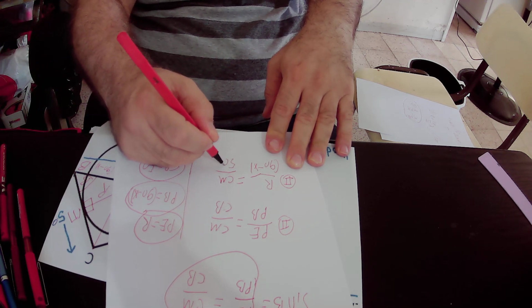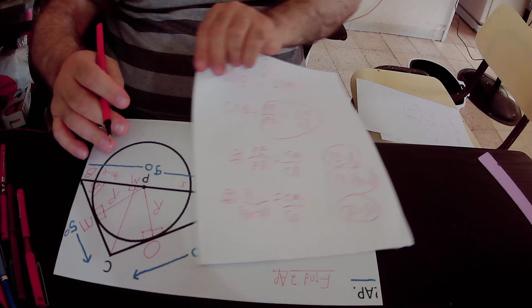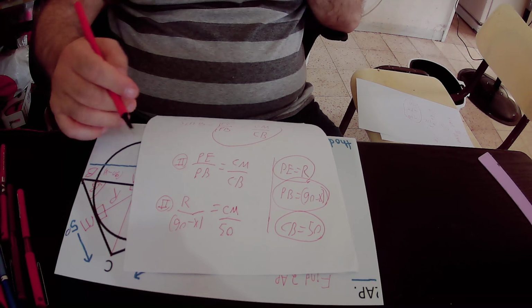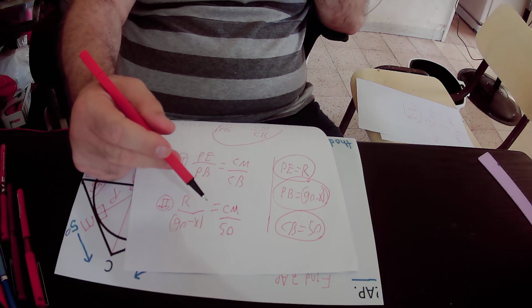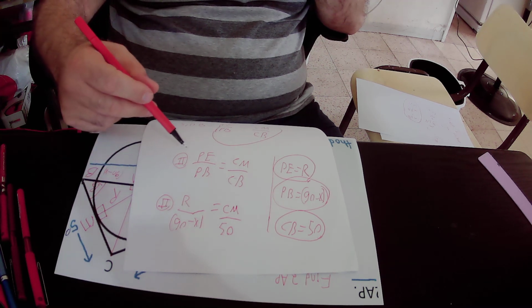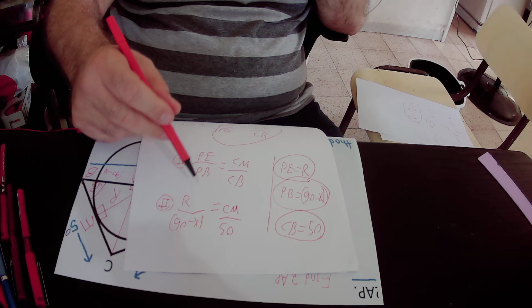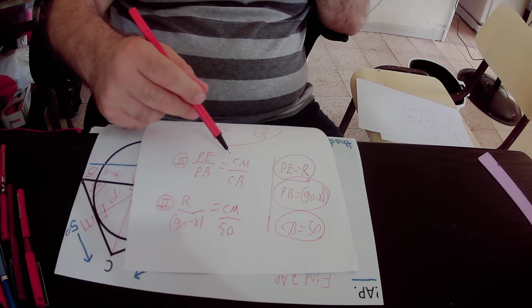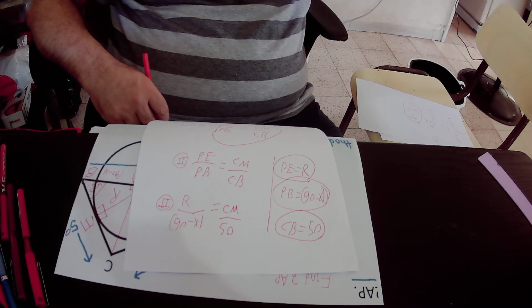So in total we have in the second equation R over 90 minus x equals CM over 50. As I've already told you, I substituted PE by R, PB by 90 minus x, and CB by 50 units.